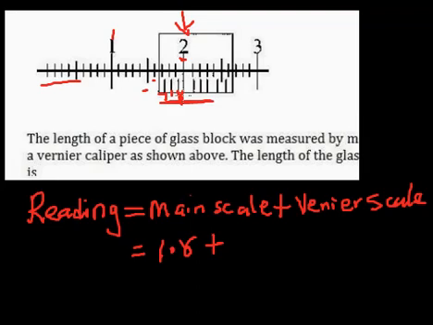Of course, we are told that a vernier caliper has a precision of 0.01. So each of these small vernier scale units is 0.01.